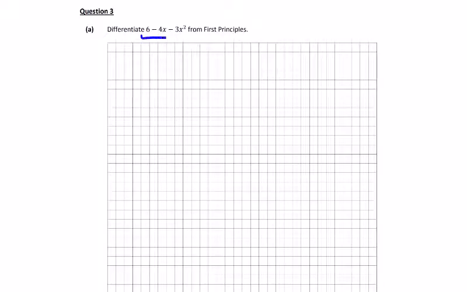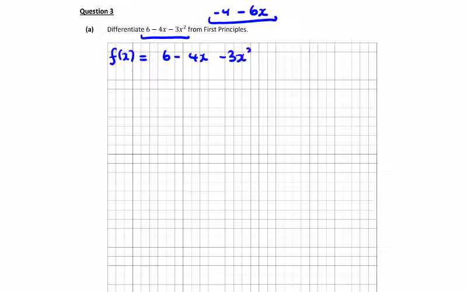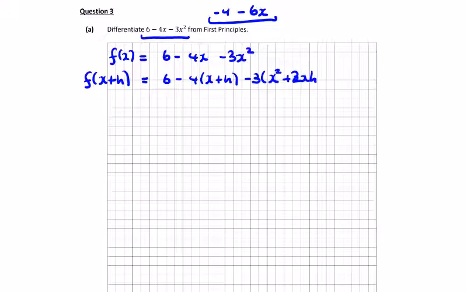First principles. Let's write the answer down. -4 minus 6x. I shouldn't really need to do this for anybody in 6th year, but if we say f of x is equal to 6 minus 4x minus 3x squared, we're going to go down f of x plus h is going to be 6 minus 4 times x plus h minus 3 times x plus h squared, which is x squared plus 2xh plus h squared.